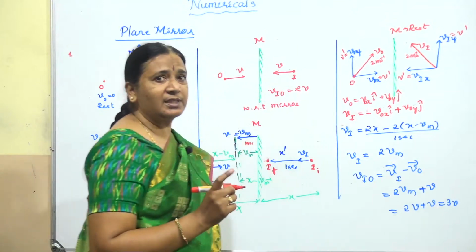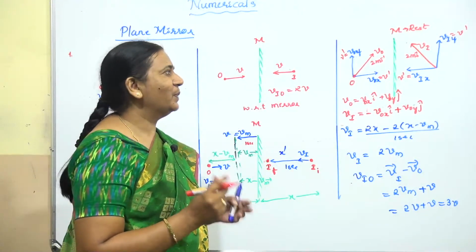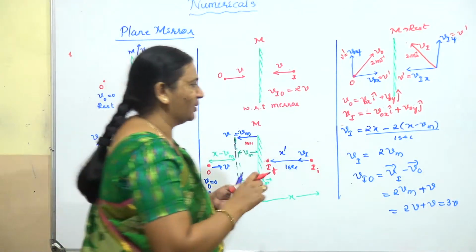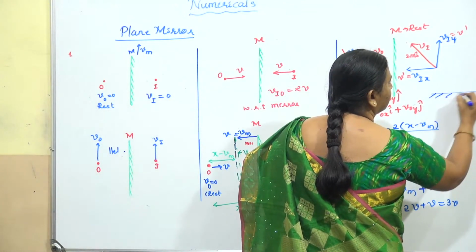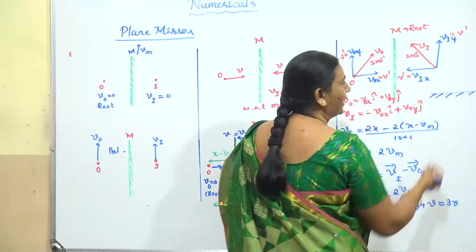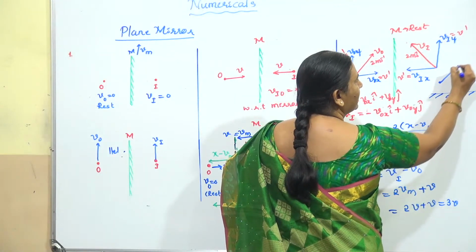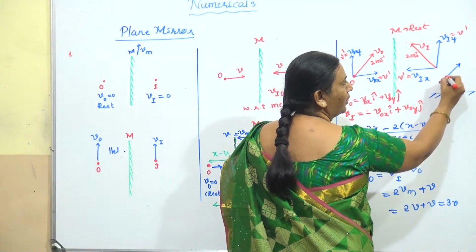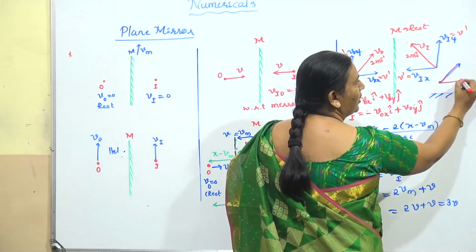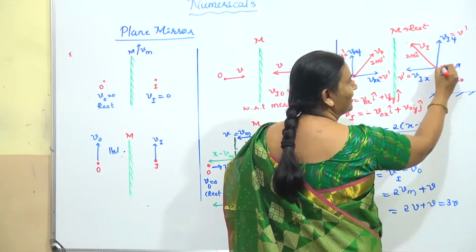But see how the mirrors are kept carefully, because depending on the mirrors, the things will change. If I keep the same mirror like this and the object is moving in this way, now this component does not change, this component changes.